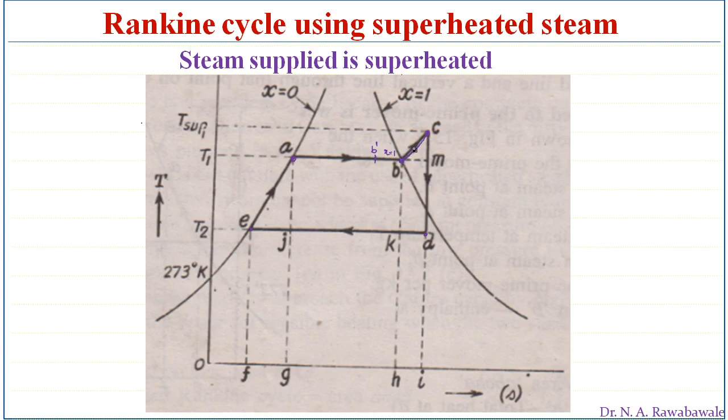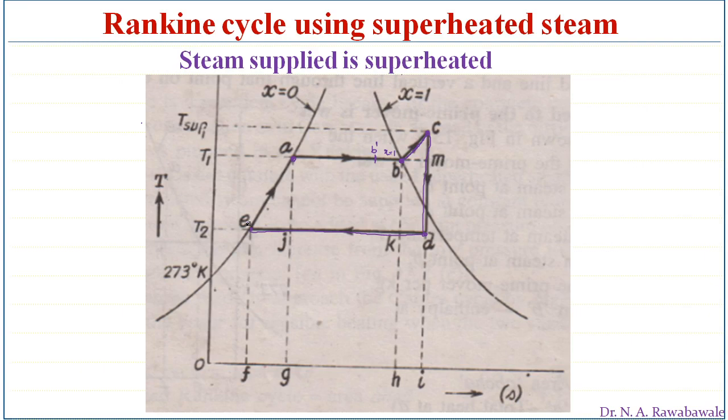B to C, dry saturated steam is superheated, and from C to D steam is expanded. From D to E the condensation process takes place. So this is how the cycle is going to continue. So today we will discuss how to find out the efficiency of Rankine cycle using superheated steam.